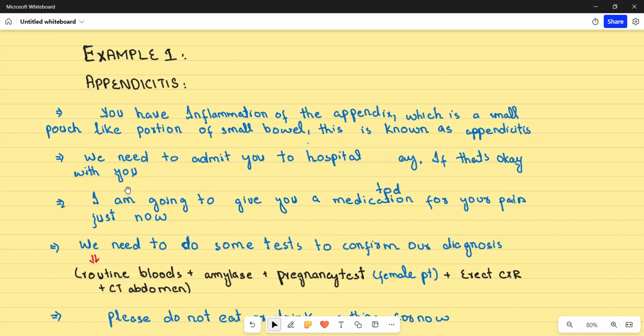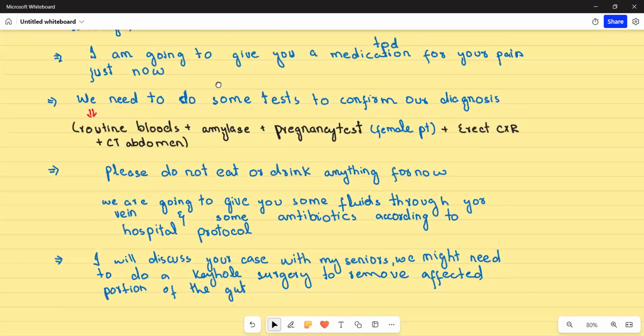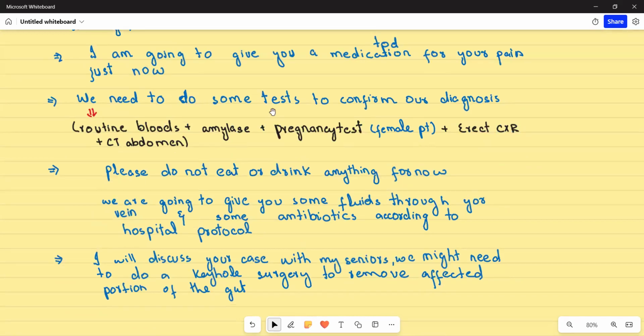Then you're going to tell the patient about symptomatic treatment. So you'll tell them, I'm going to give you a medication for your pain just now. And if the patient is vomiting, then you will also give them antiemetic as well. Then we are going to tell him about investigations. So we'll tell the patient that we need to do some tests to confirm our diagnosis. These will include routine blood test, a blood test for an enzyme called amylase.